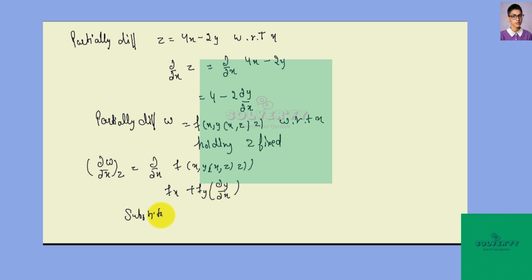We substitute 2 for f_x, 3 for f_y, and 2 for ∂y/∂x in the equation.